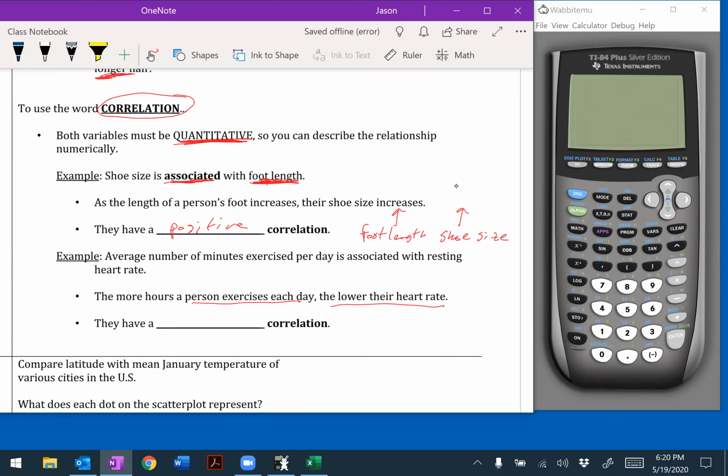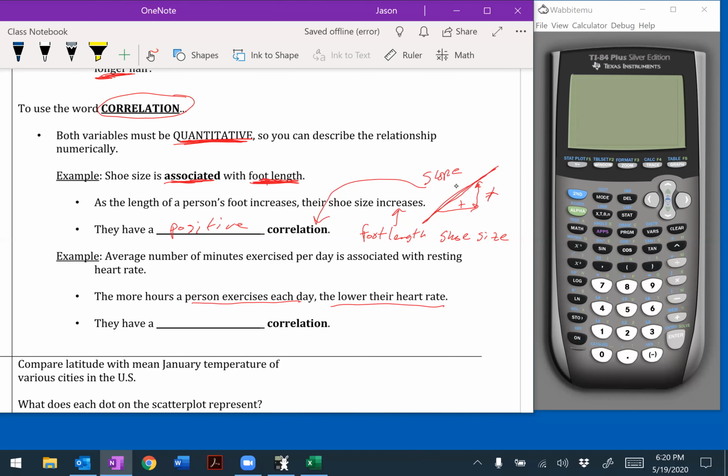That is negative. So positive is a positive trend. As foot length goes up, shoe size goes up. Positive, positive. That gives me a positive slope. So the slope is going to be directly related to the correlation. Positive slope, positive correlation. The more hours a person exercises each day, the lower their heart rate.